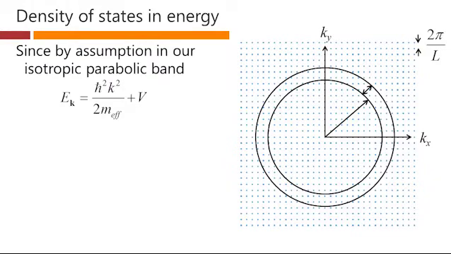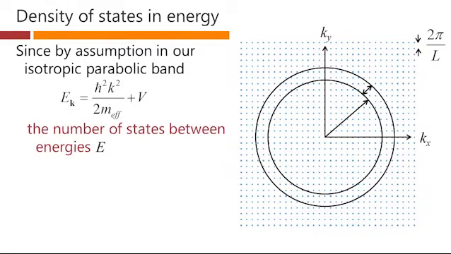Now, by assumption, in our isotropic parabolic band, the energy for a given K is going to be the energy at the bottom of that band plus this amount from the parabolic behavior, h bar squared K squared over 2 times the effective mass.